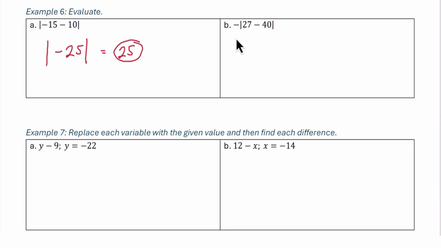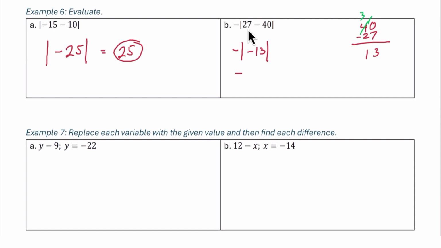Here we have negative 27 minus 40. First, we need to do 27 minus 40. This will give us 13, and inside that is actually negative 13 because the larger number was being subtracted from a smaller number.